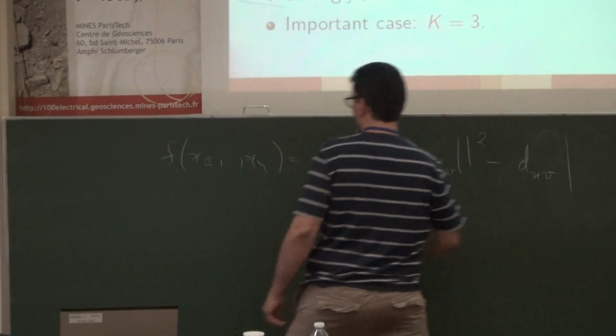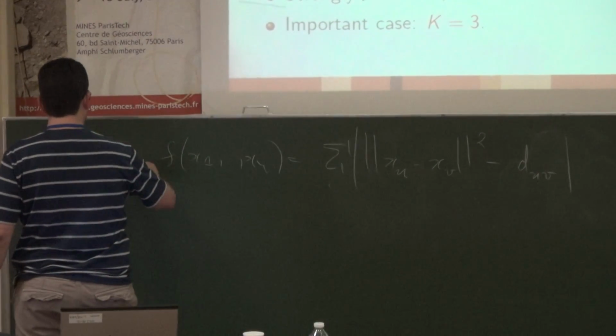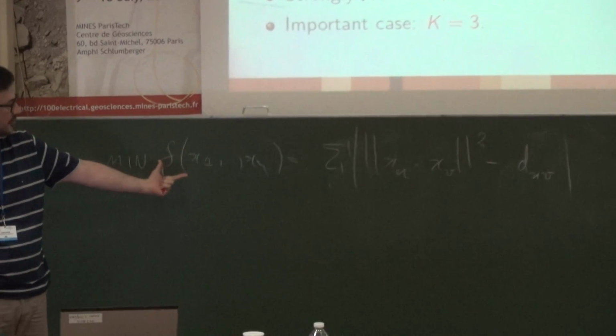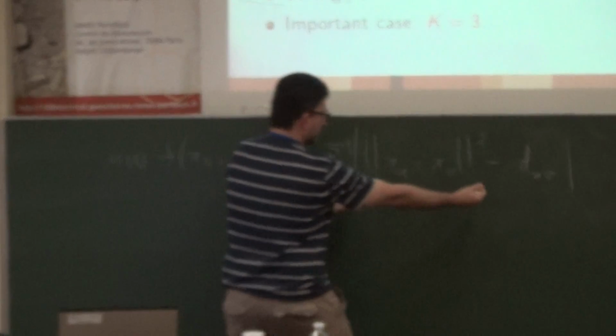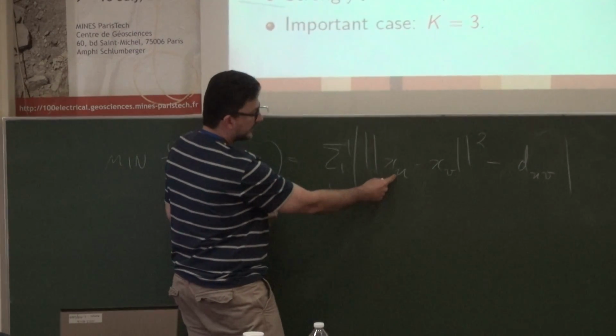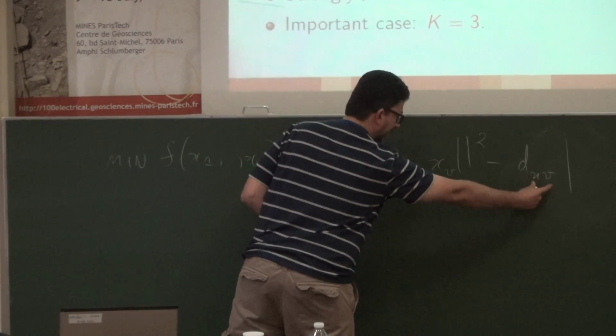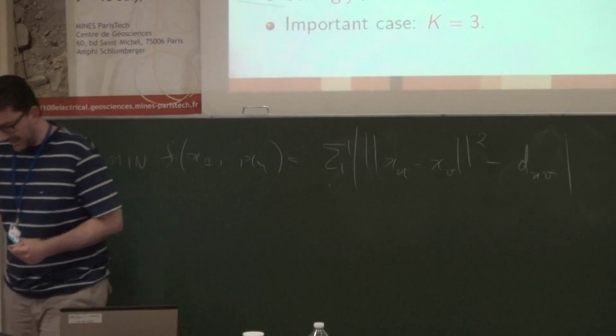We want to minimize this function. Of course, we know that the global minimum is 0, and we want to define the realization of vertices u and v when we have an edge between them.